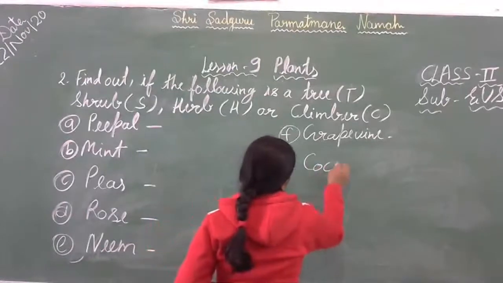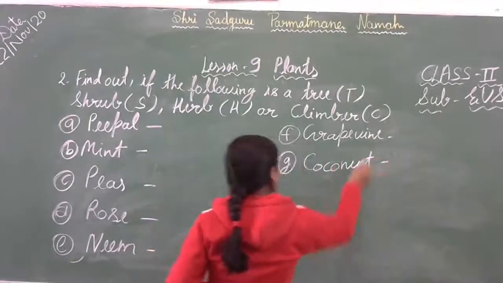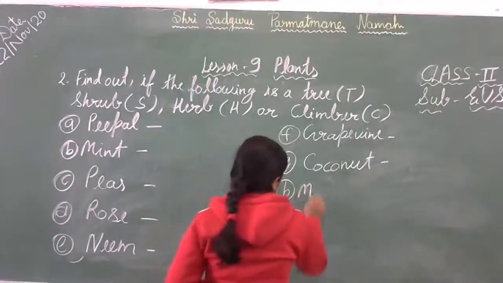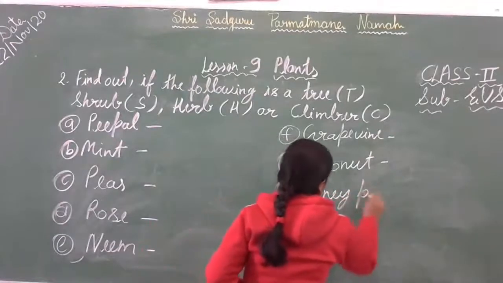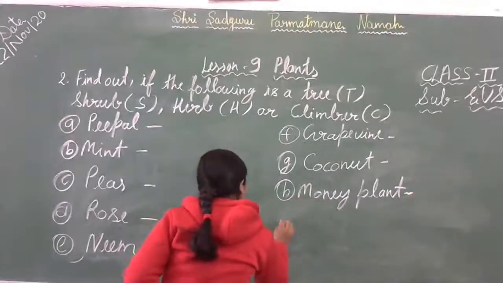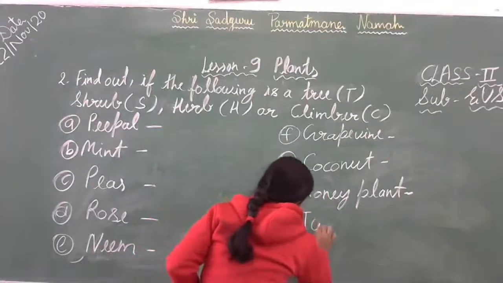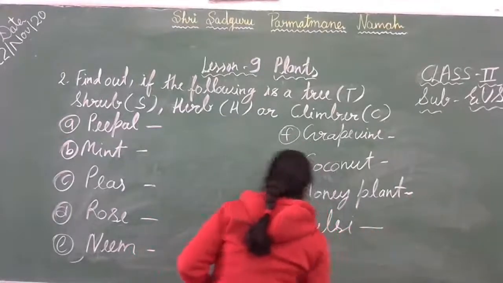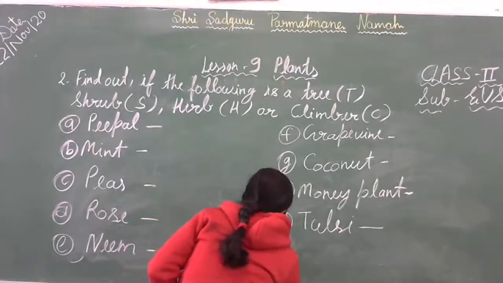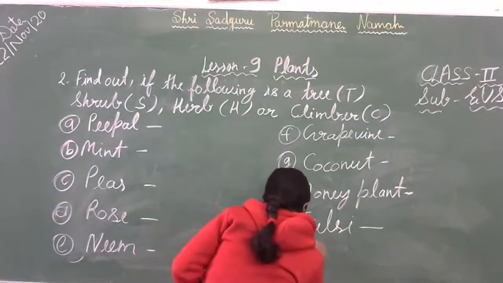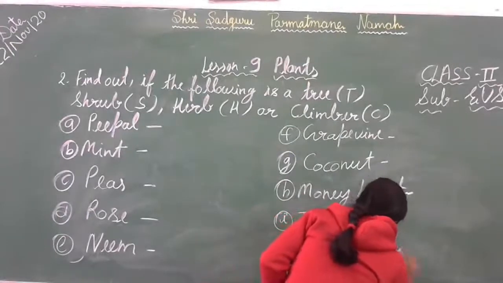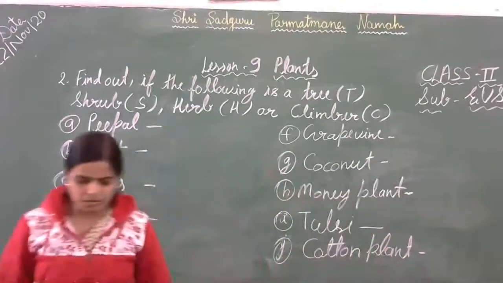G, coconut. H, money plant. I, Tulsi. J, cotton plant.